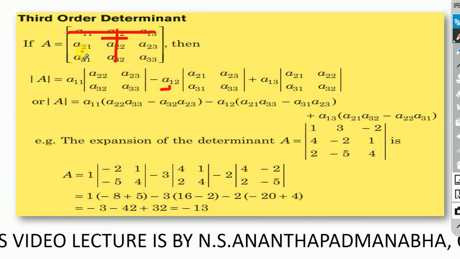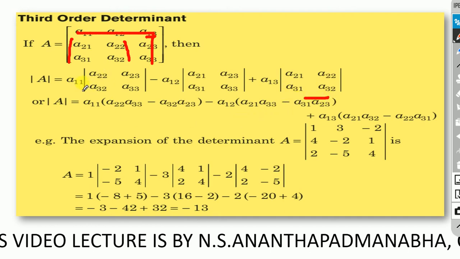So I have A21, A23, A31, A33, plus A13. I am expanding along row 1. A13 into, let us leave this row and column, so I have this determinant here, A21, A22, A31, A32.